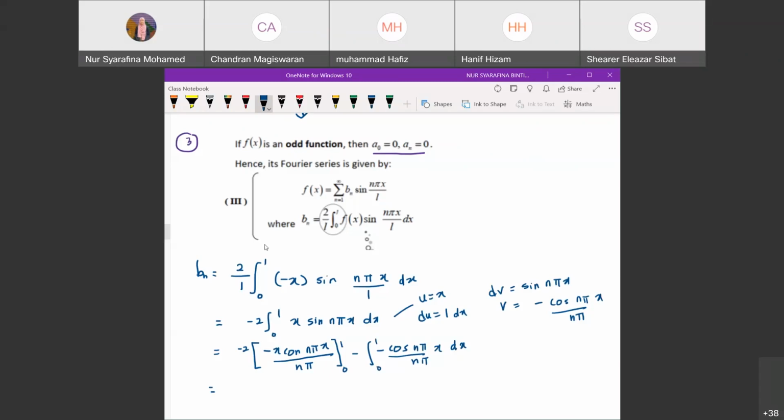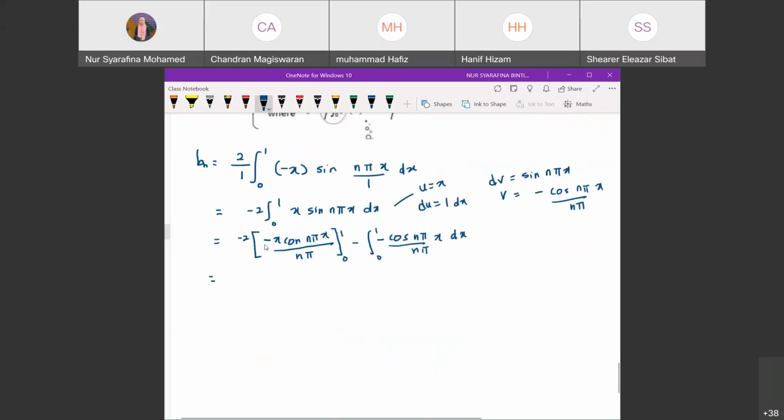So here you can have this one plus n pi squared. So plus sine n pi x over n pi squared. Right. To simplify everything here, this is 1, 1 negative 1.